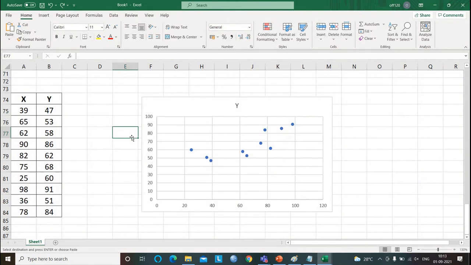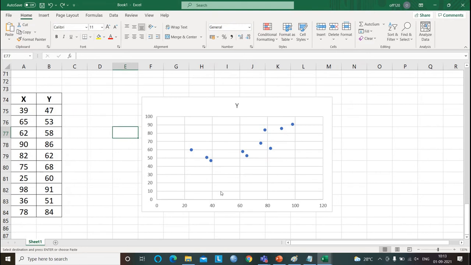That means by using a scatter diagram, I can say whether they are increasing or decreasing, that is, whether there is a relation between the two variables X and Y. Even in your examination, they will give you a graph sheet.